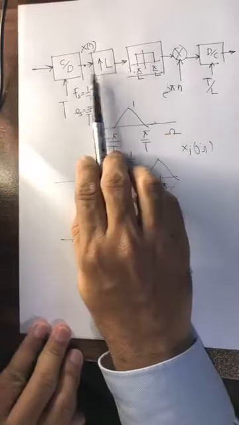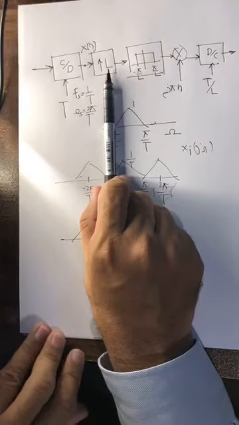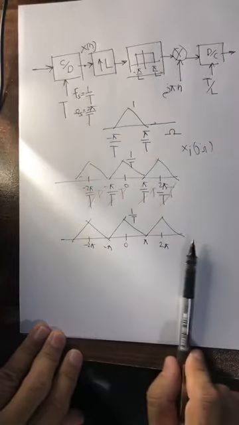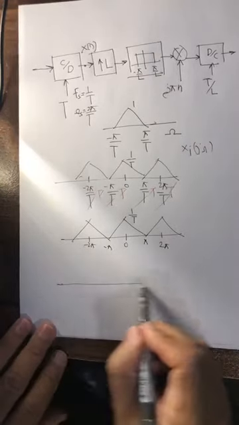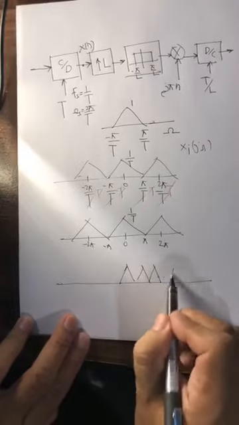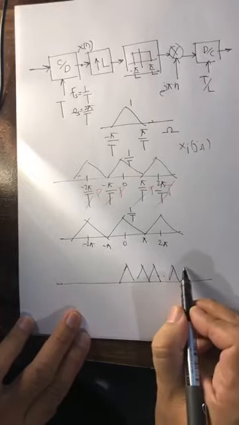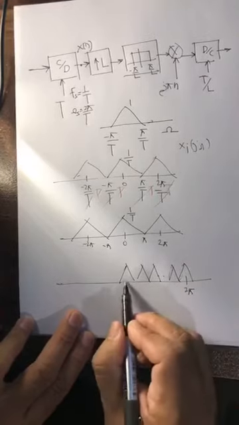Then inserting L minus 1 zeros, what will happen? We can plot this with our eyes closed: L minus 1 extra copies. No matter what L is, I have a copy, a copy, a copy, and then 2 pi and 0.